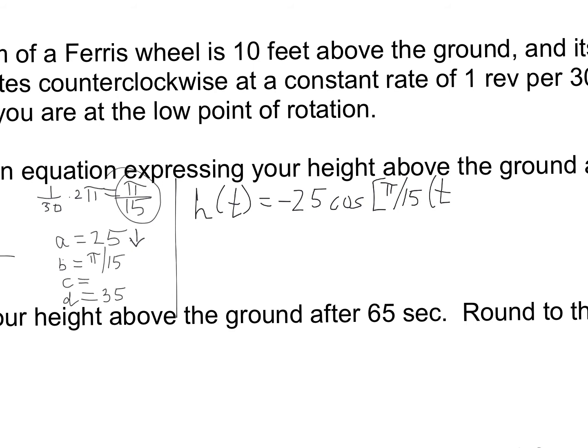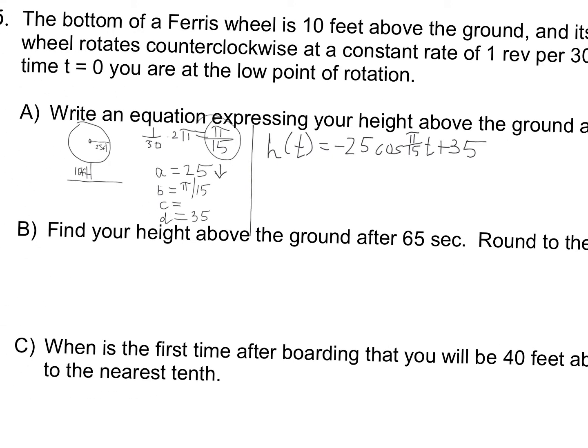C is nothing. As I'm writing this out, I forgot that we don't have a c, it's 0. So let me just clean this up here. Cosine of pi over 15 t plus our d, which is 35, and there's our function.